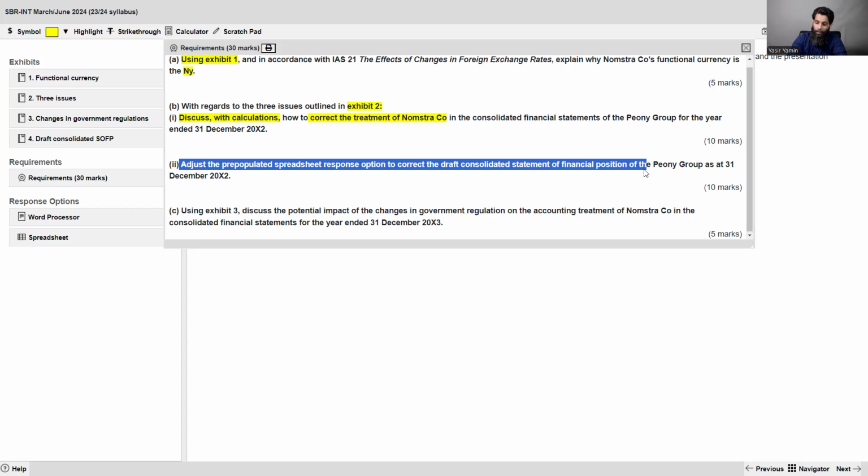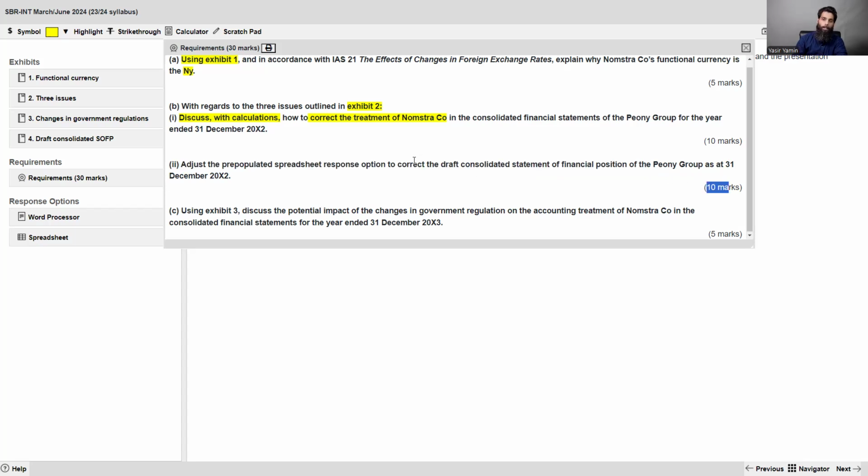Let us not make that mistake. So you get 10 marks just to adjust the consolidated SOFP. For sure, these are bonus marks. All right. So now we know that the most important aspect is to discuss with calculations the correct treatments regarding Exhibit 2. And then we need to adjust the pre-populated response sheet, right?